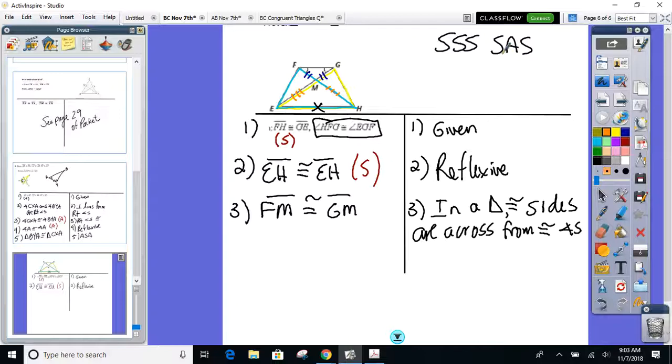All right, so now I'm going to turn this into subtraction. I'm going to take GE and subtract MG and set that equal to FH and subtract FM.